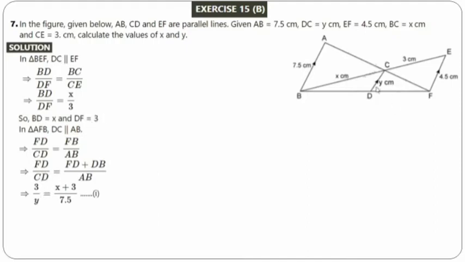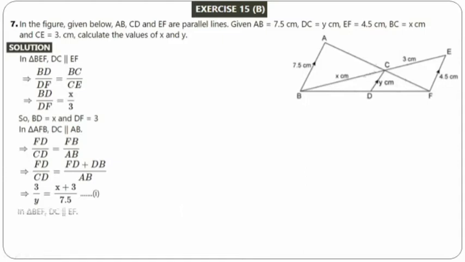CD is Y. FD is 3, as we just saw, and DB is X. So we get X plus 3 divided by AB, and AB is 7.5. Be careful with this; call this equation number 1.